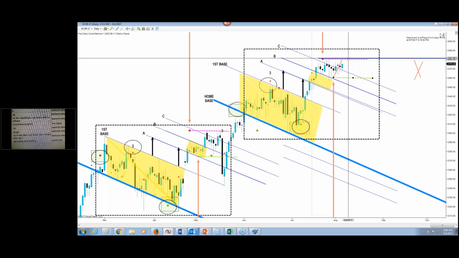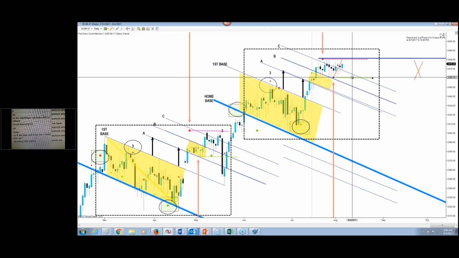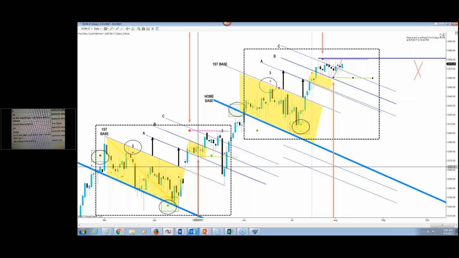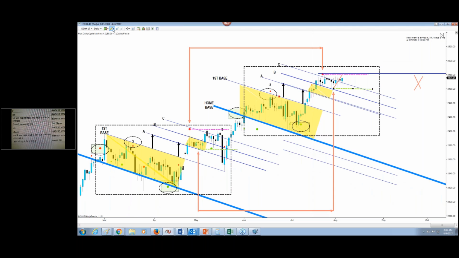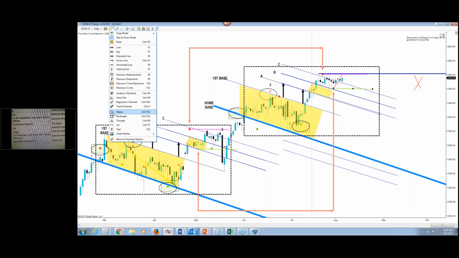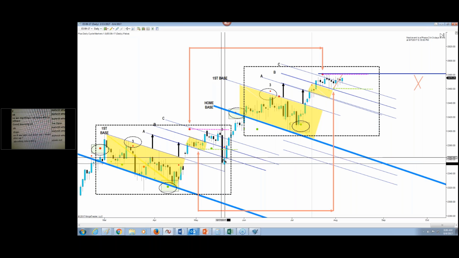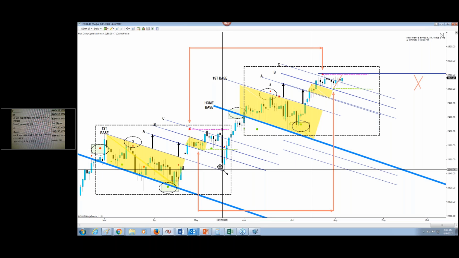Once we come up to the dark blue line, we expect to drop back down to the green dot. And if history is any indication, as far down as right here, the first baseline.